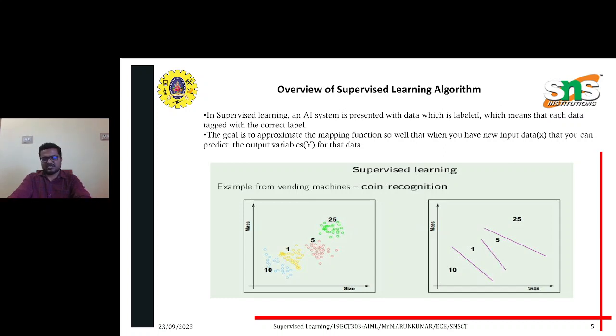If you give a small 1 rupee coin, the machine understands that it is a 1 rupee coin and places it in the 1 rupee locker. Like that, all the coins are placed in this machine. Then it can be categorized using a graph with x and y. On the x-axis we check whether the input is correct or not, and on the y-axis we check the output.